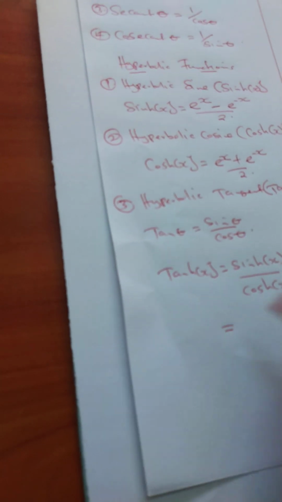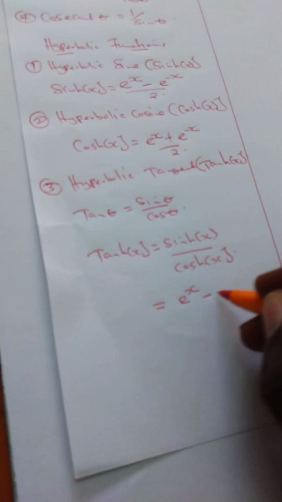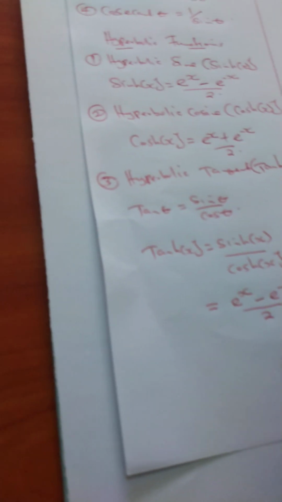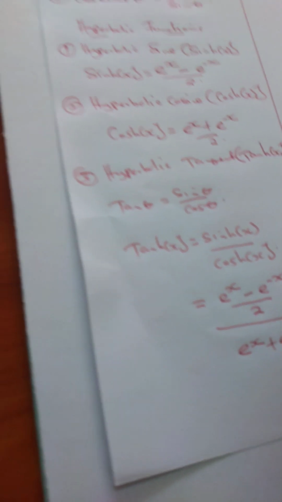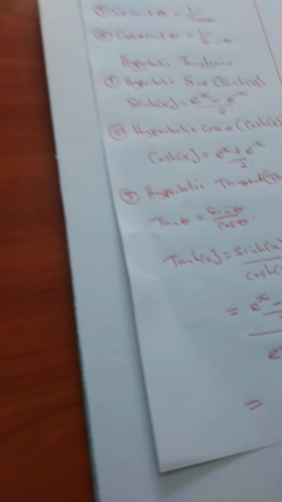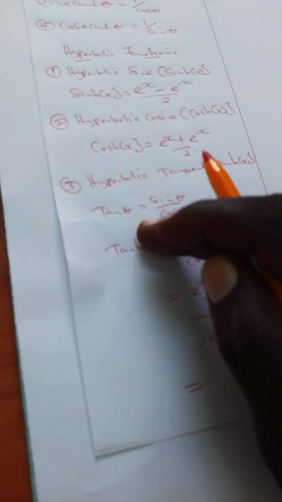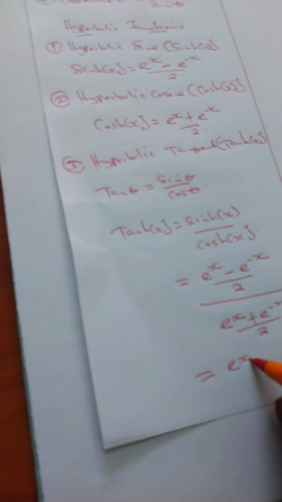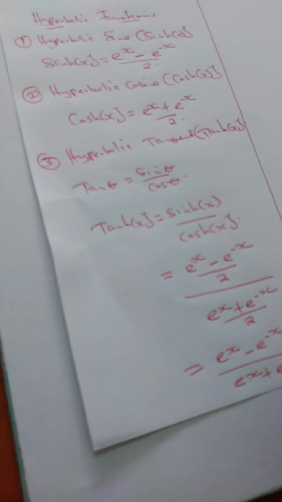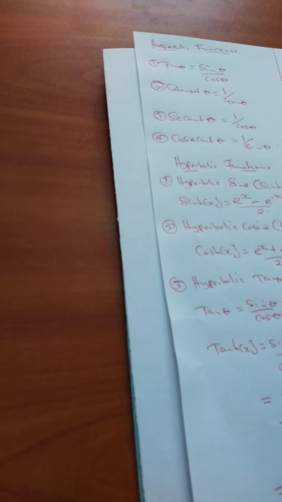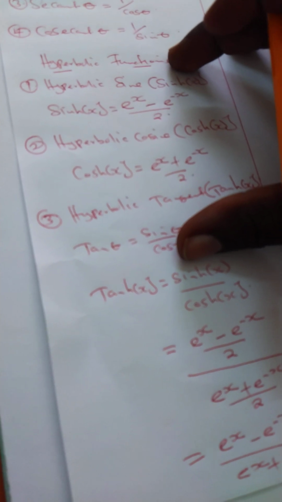But we have already learned that sinh of x is exponential of x minus exponential of negative x all over 2, and cosh of x is exponential of x plus exponential of negative x all over 2. So tanh of x, or the hyperbolic tangent of x, is the same as exponential of x minus exponential of negative x all over exponential of x plus exponential of negative x. And these are the three major hyperbolic functions.